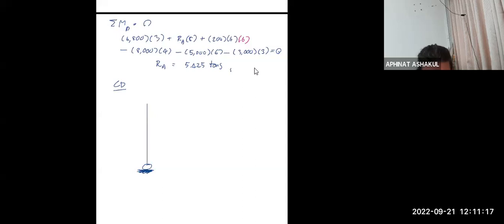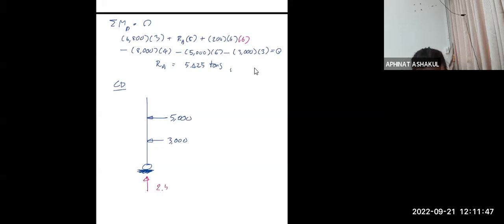We have the 3,000 and 5,000. And I keep telling you to try to draw things to scale, right? So I'm just going to add a little more. Okay, it looks better. So that's it. And we have the reaction, that's 2 something.